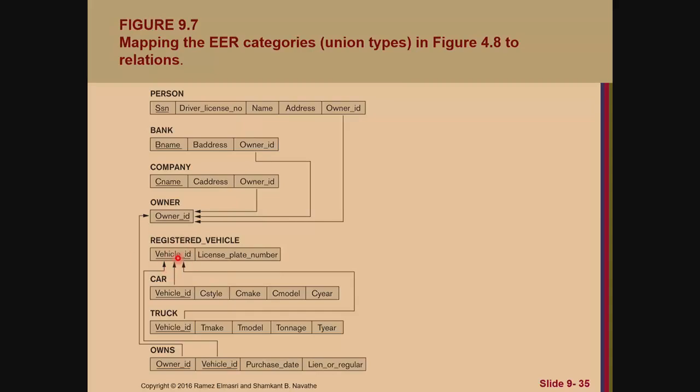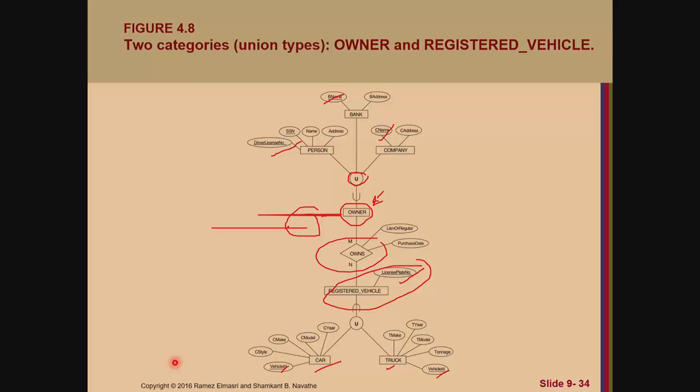We don't have to use both of them because only one can separate all of the vehicles. Okay, and so in the relation, who owns which vehicle, we have to use both of them as the key for the owns relation. And don't forget that the owns relation has two attributes.